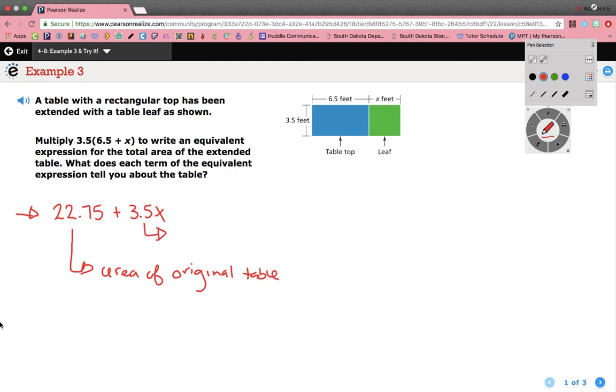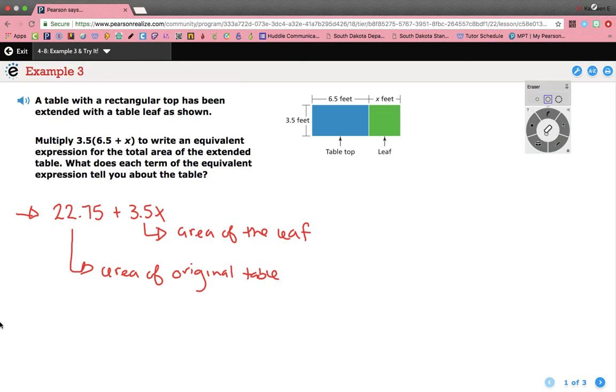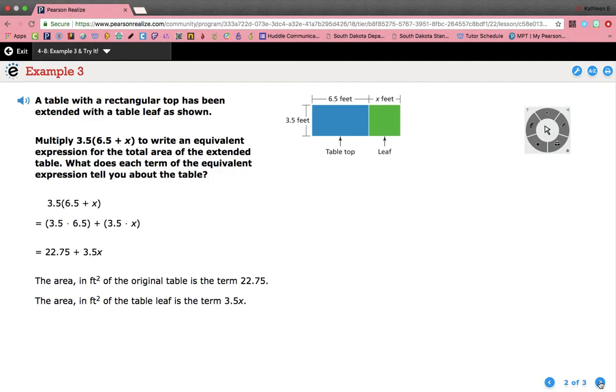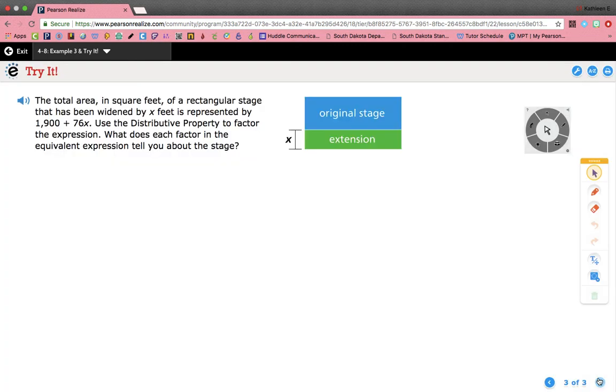Well, that is the area of the leaf. That's what they tell us about the table. The first one tells us the area of the original table. The second one tells us the area of the leaf. Let's look at the next one. The area of the original table is that. The area of the leaf is that.